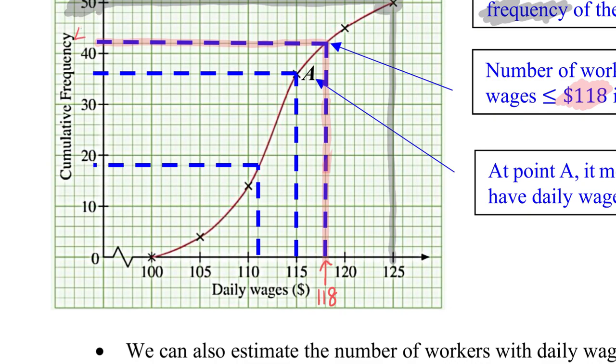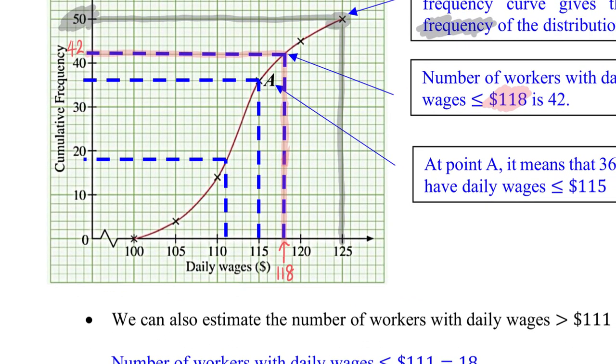So now we know that there are about 42 workers that have wage less than $118. Previously we cannot, if we are given a histogram or a frequency table, but with a cumulative frequency table, or more specifically a cumulative frequency curve, we could do that now.